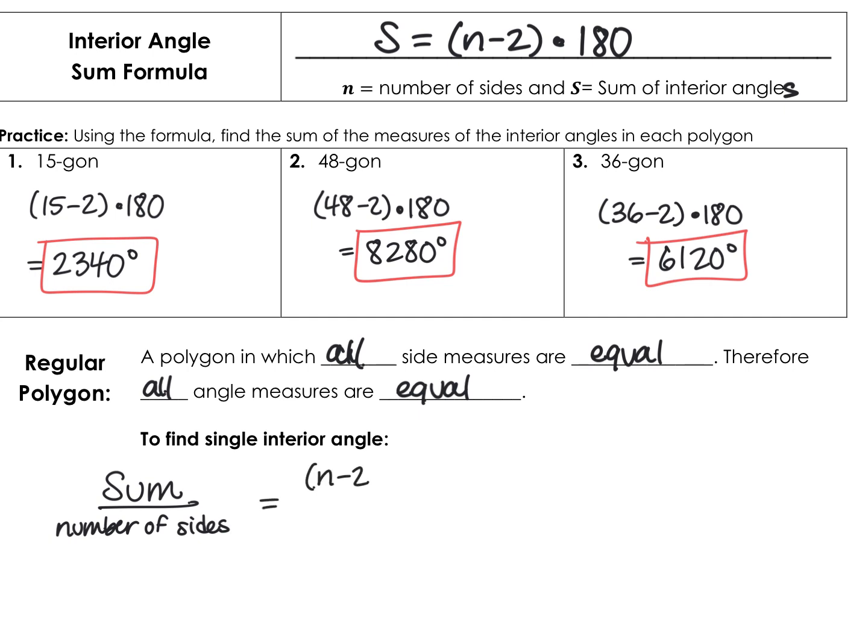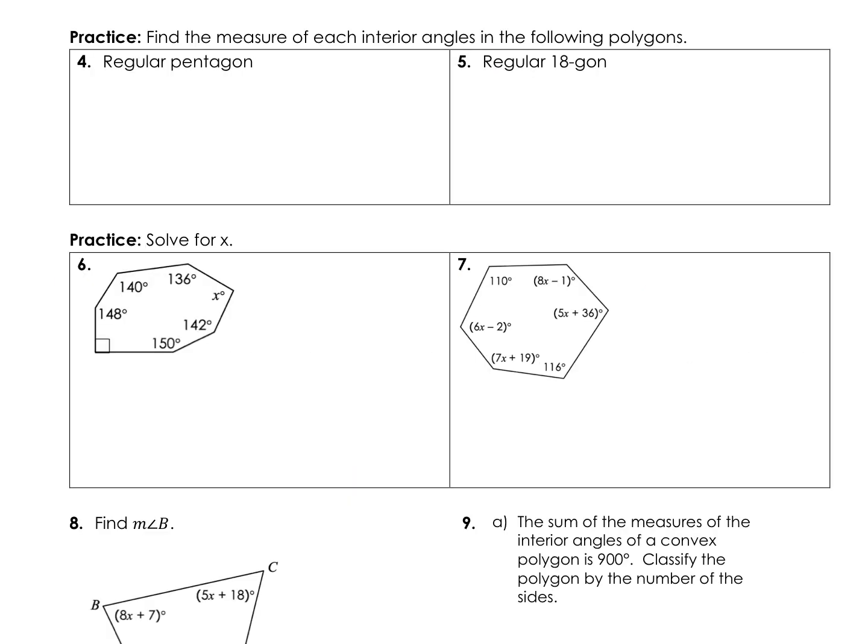To write this out again, the formula is n minus 2 times 180, that gets me my total. And then I divide that by n, which is the number of sides. So not n minus 2, but by how many angles you have in total, because they should all be the same. This is specifically talking about regular, meaning everything is the same. How many sides does the pentagon have? 5.